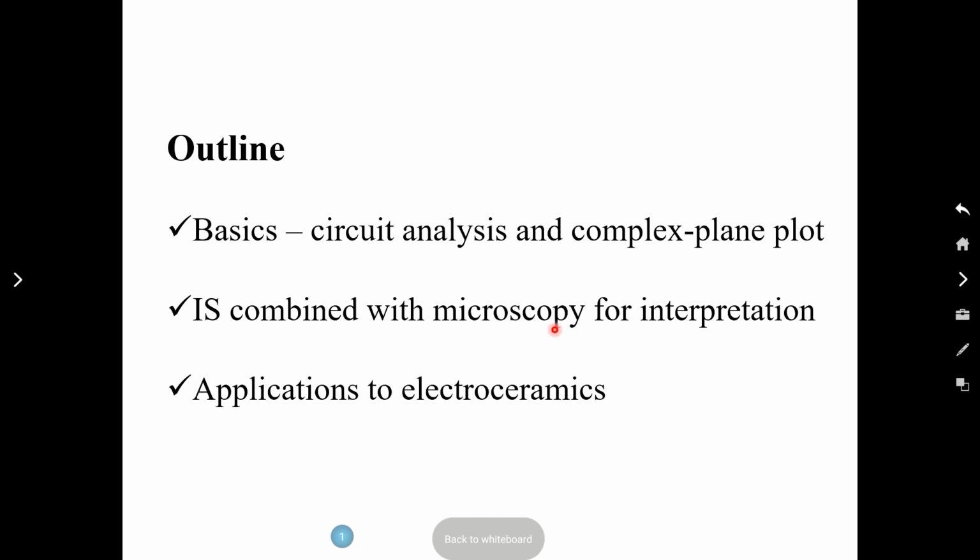And finally, I'll show various applications of this technique to all kinds of electronics.